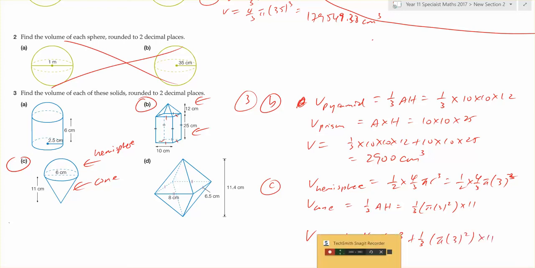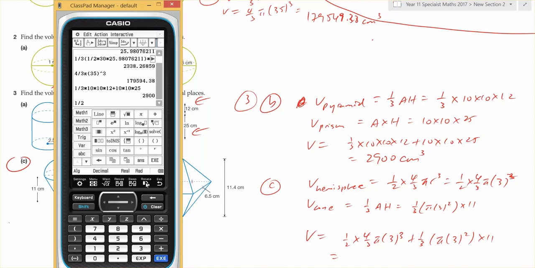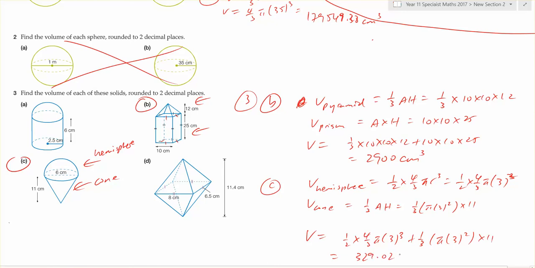I probably don't need that many brackets, but I'll enter it anyway. I should get 329.02 centimeters cubed.